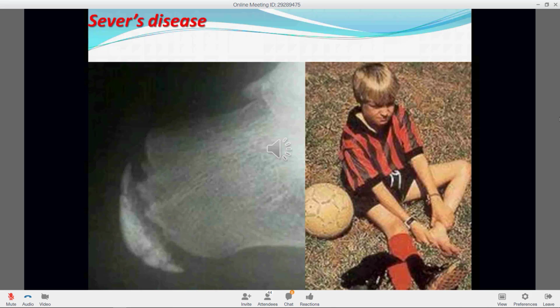This condition occurs in young boys, mainly at the age of 13 to 15 years old, and they always participate in sports. They have severe pain in their calcaneum. Rest and some analgesia is quite enough.